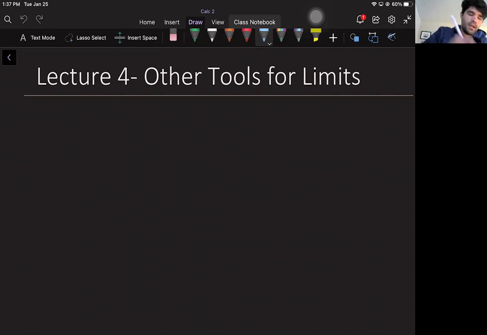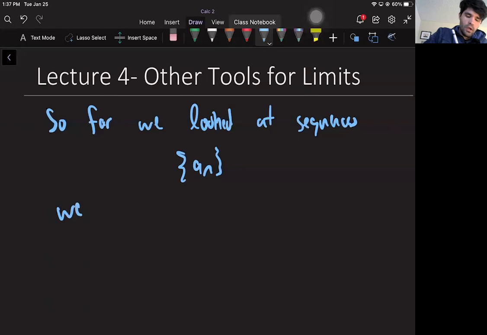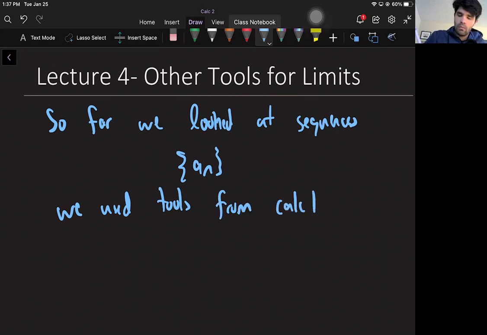So the idea is that so far, we looked at sequences and we used tools from Calc 1 to see the limit of these sequences.